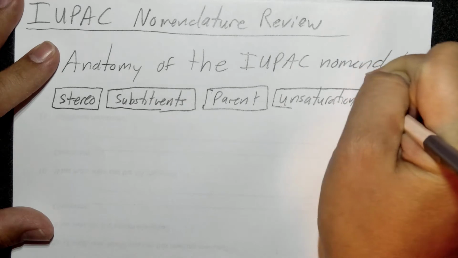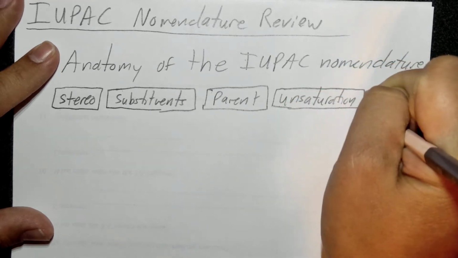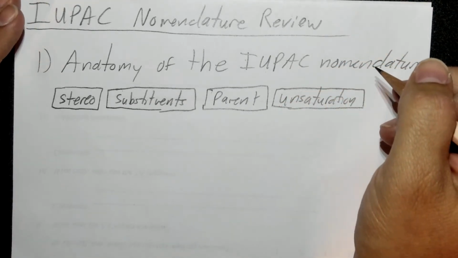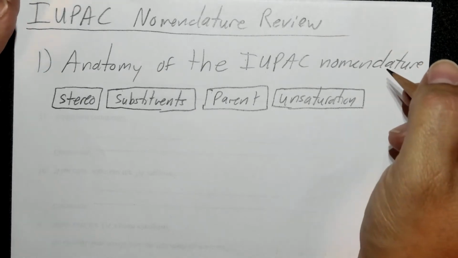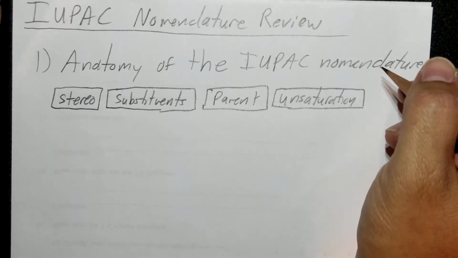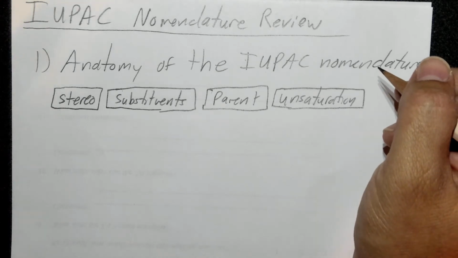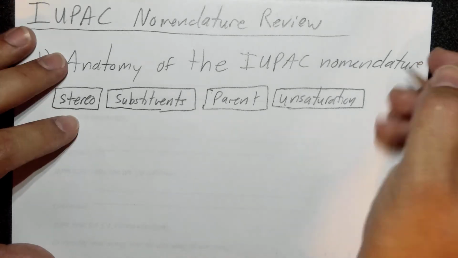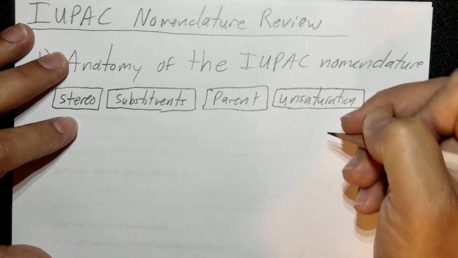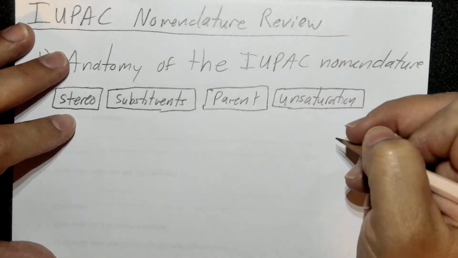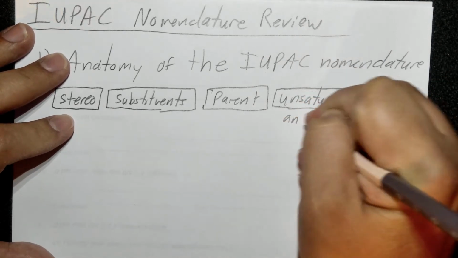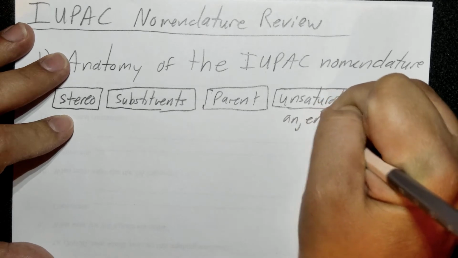This is essentially in the name, for example, pentane or pentene or pentyne, based on whether there are all single bonds or the presence of a double bond or a triple bond. That's what goes here, whether it's AN, EN, or YN. And we'll delve into this as we do some examples.